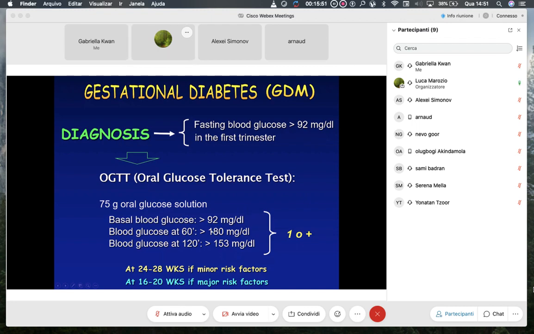These are the thresholds. Diagnosis is made if at least one of these 3 values is over the threshold: 92 milligrams basal, 180 after 1 hour, 153 after 2 hours.